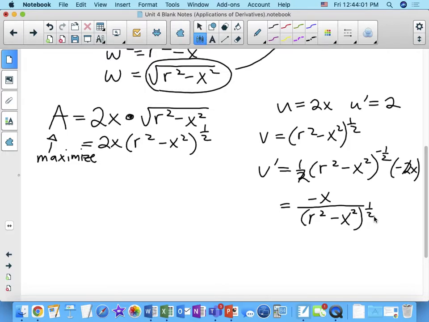Okay? Now I have all of my pieces, so I can plug this all into the product rule and take the derivative. So a prime is going to be u prime v, so 2 times r squared minus x squared to the 1/2 plus uv prime, 2x times this.